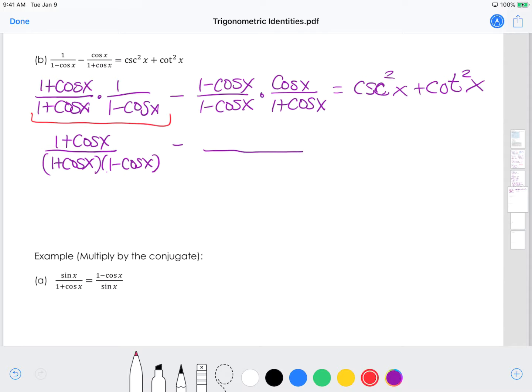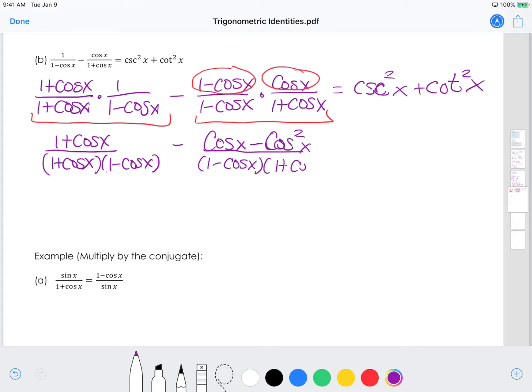When I multiply the second expression, I get cosine x minus cosine squared x, because don't forget I have two terms here multiplying it by this. I got to use distributive property. And then on the bottom I have 1 minus cosine x, 1 plus cosine x.